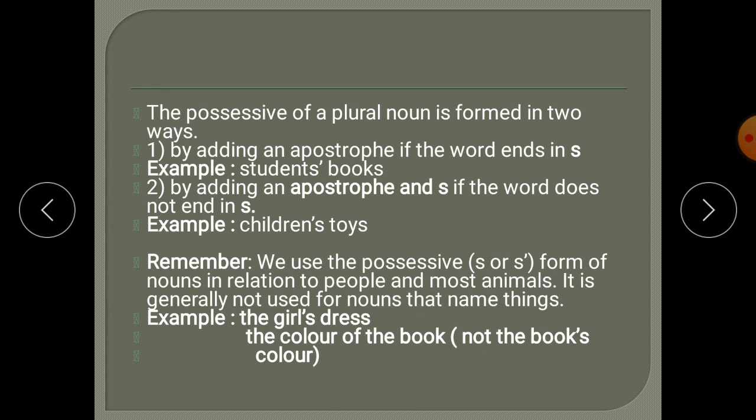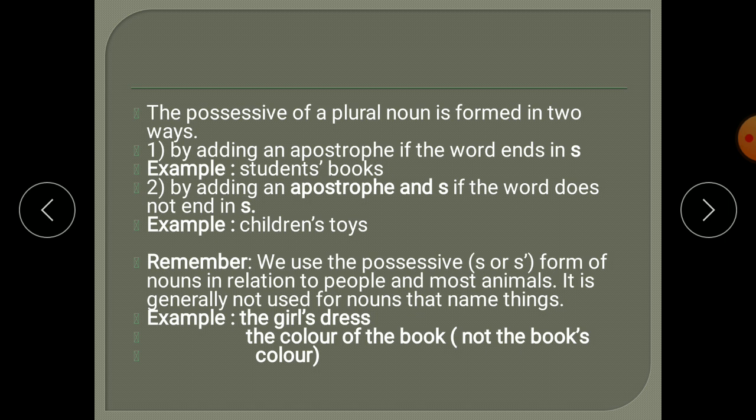In the second example, children's toys, the last letter in the word children is n. So here we will add apostrophe s, children's toys. So if a word ends with s, we put only an apostrophe, and when a word does not end with s, then we add apostrophe s.